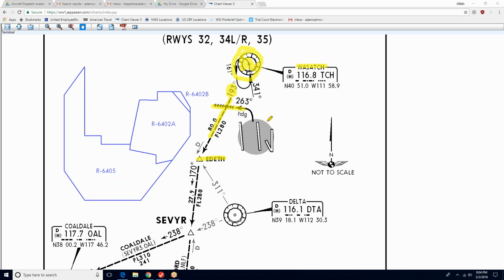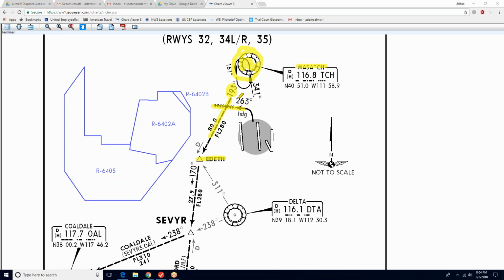Now, I know he's already gone over intersections and jet routes and Victor routes and things like that. But basically, the pilots see this and they're, okay, we're going to head to the Edith intersection. But in case you're wondering, how do they know where the Edith intersection is? Well, they use these two VORs to find it.